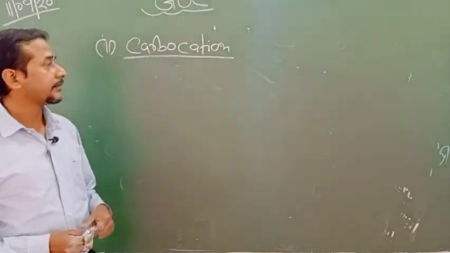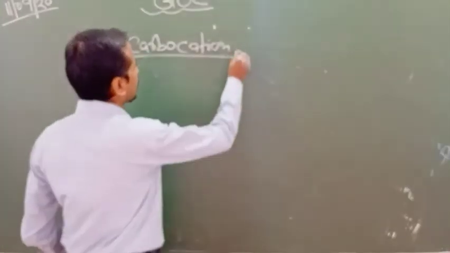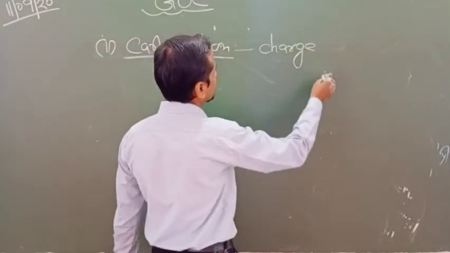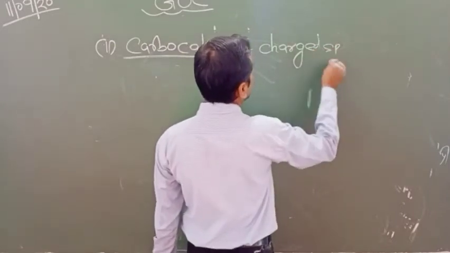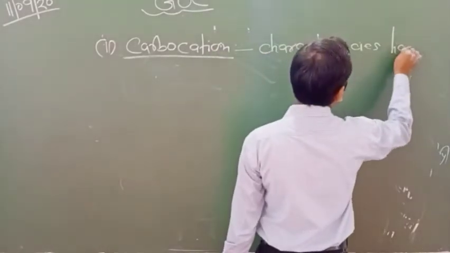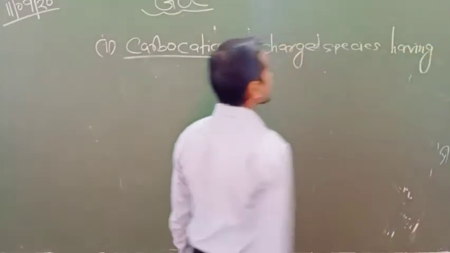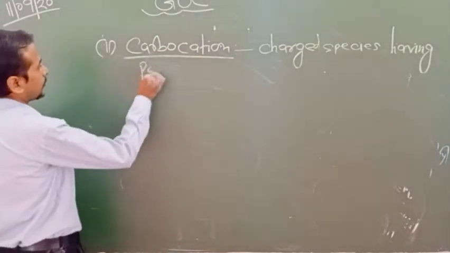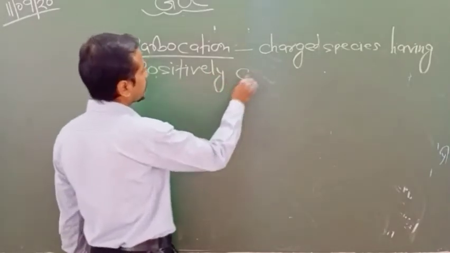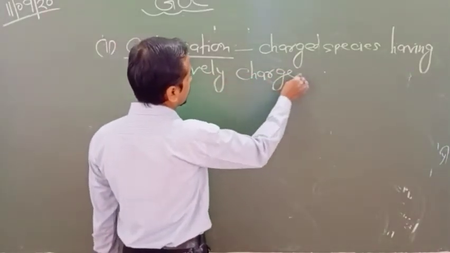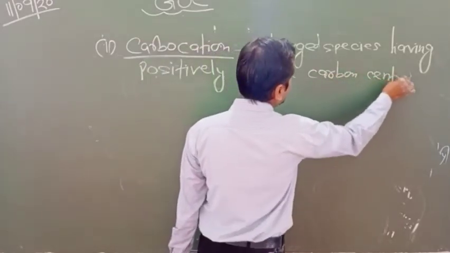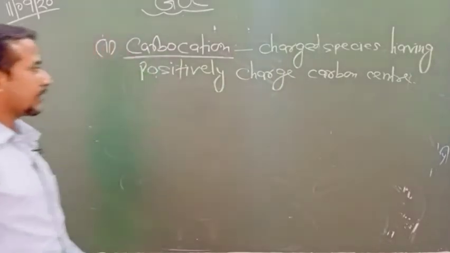Now, second, carbocation. How can we define the carbocation? A charged species having a positively charged carbon center is known as carbocation.